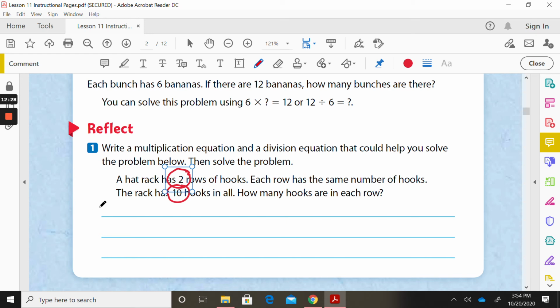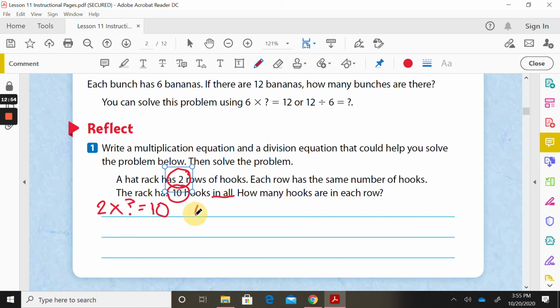I could think to myself, 2 times a number will give me the total of 10. Now, I know that 10 is the total because it says the rack has 10 hooks in all. So I know that has to be my product. That's my total.